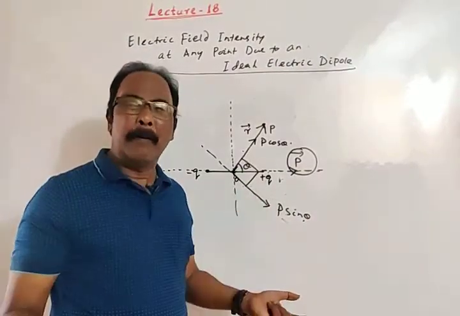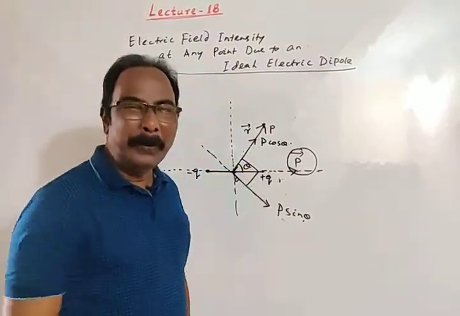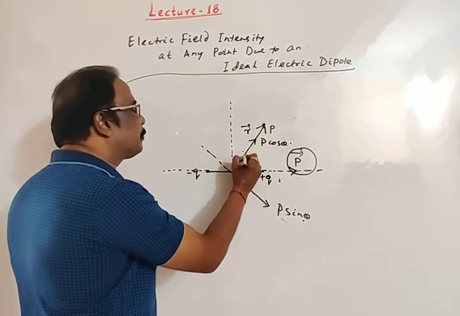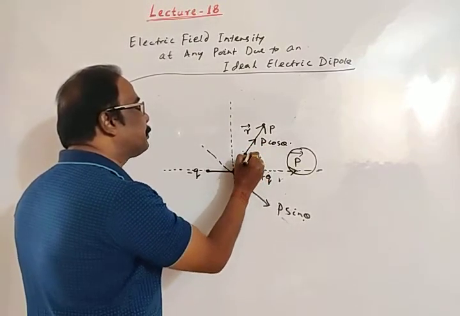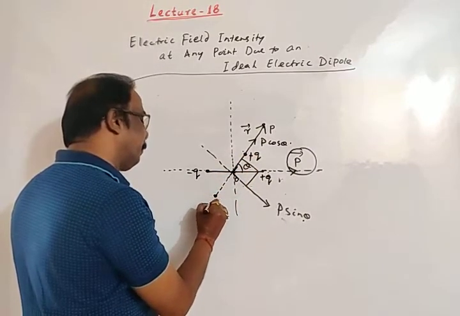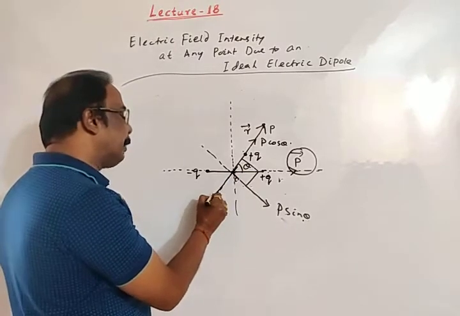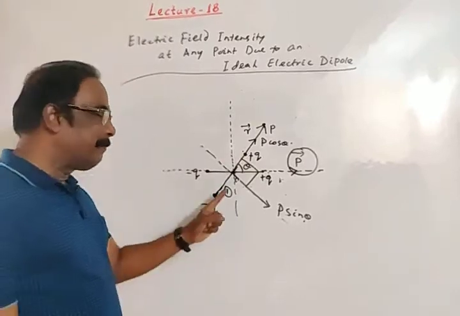But direction of dipole moment is from minus q to plus q. So considering this dipole moment P cos theta, this will be minus q and this will be plus q. For this dipole, let this dipole be dipole 1.